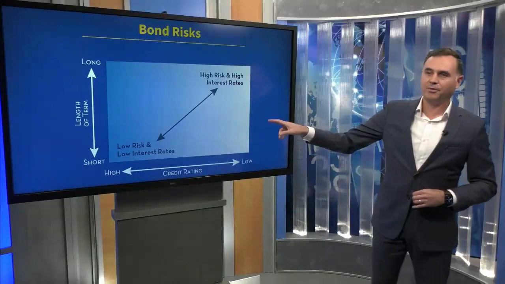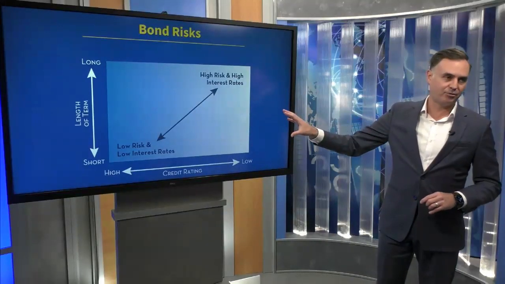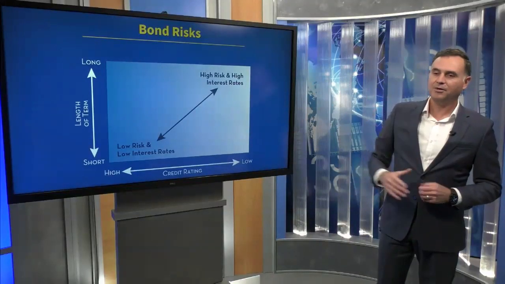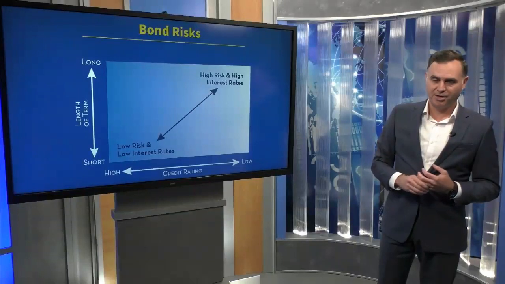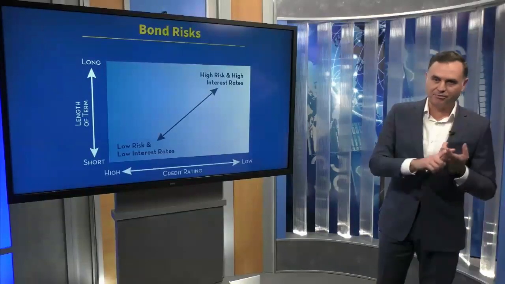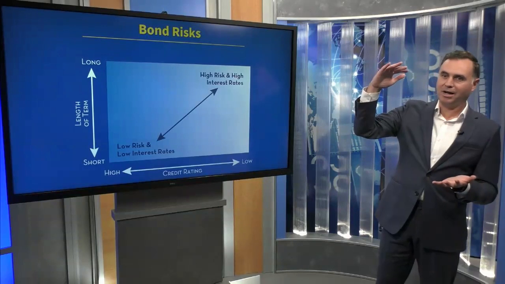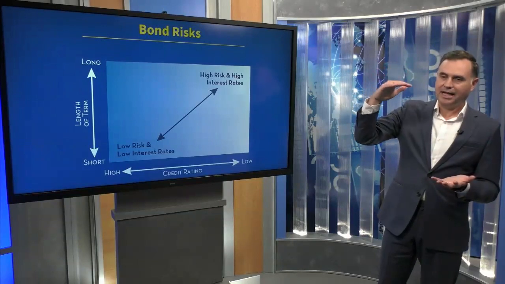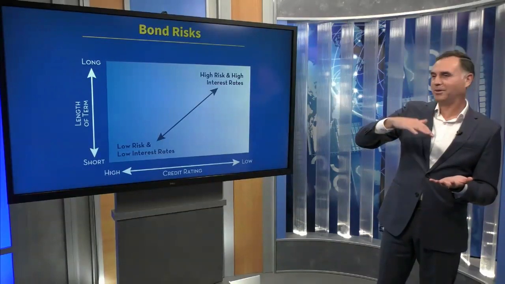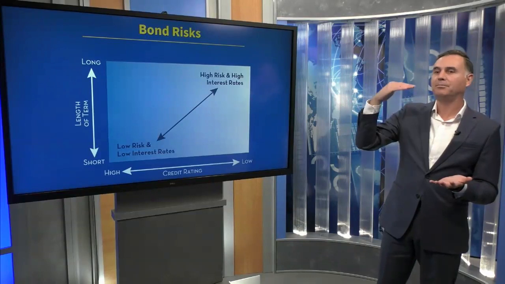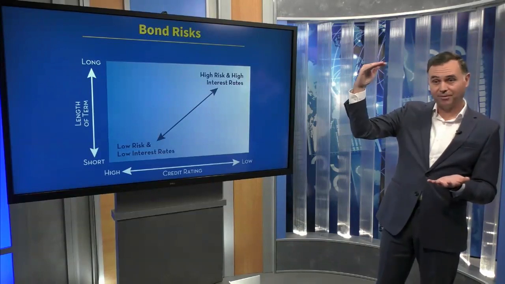And we just saw the interest rate risk really pronounced with bonds. 2022 was one of the worst performances we've ever seen for government bonds. If you remember, in March of 2022, the Federal Reserve started to ratchet up interest rates. For about 16 months straight, they were pushing interest rates up to try to combat inflation.